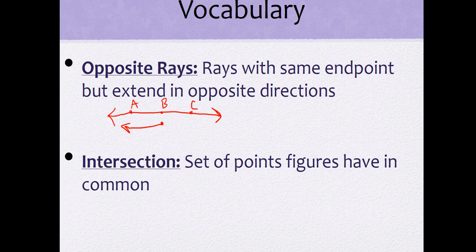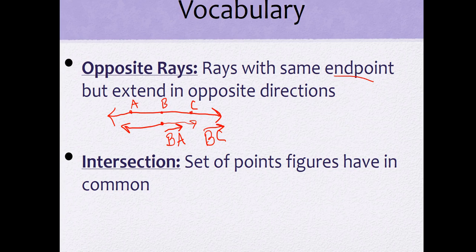Okay, and so in that case that would be ray BA, because it starts at B and goes towards A. I could also have one that starts at B and goes to the right, and that would be BC, because it starts at B and goes towards C. So those are opposite rays because they have the same endpoint B, but they're going in opposite directions. One's going left, one's going right.